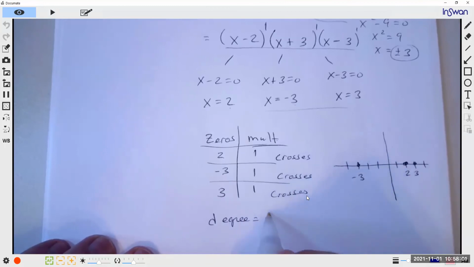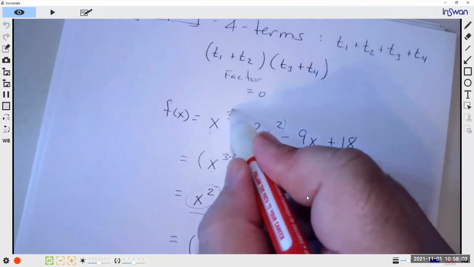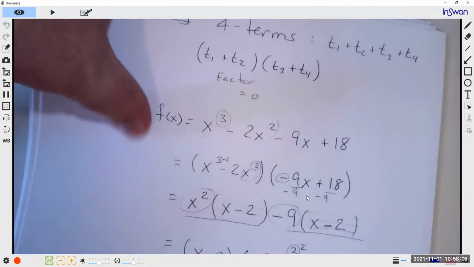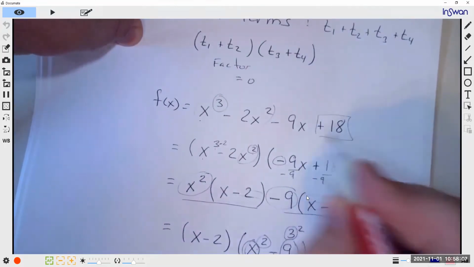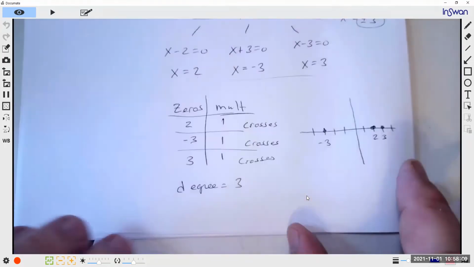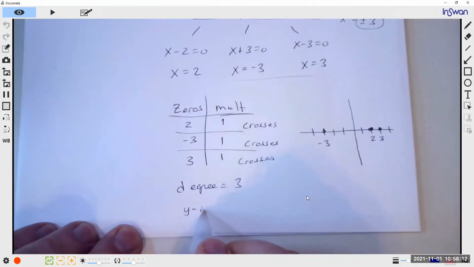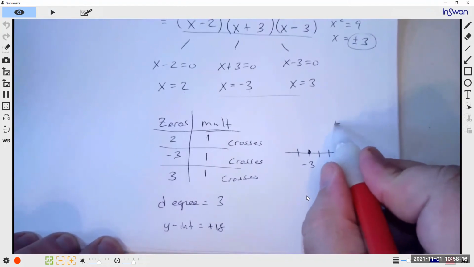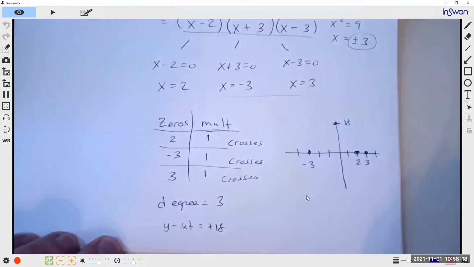We know the degree is 3. That's the highest exponent. And the y-intercept is positive 18. So we know it crosses at positive 18. The degree is 3.